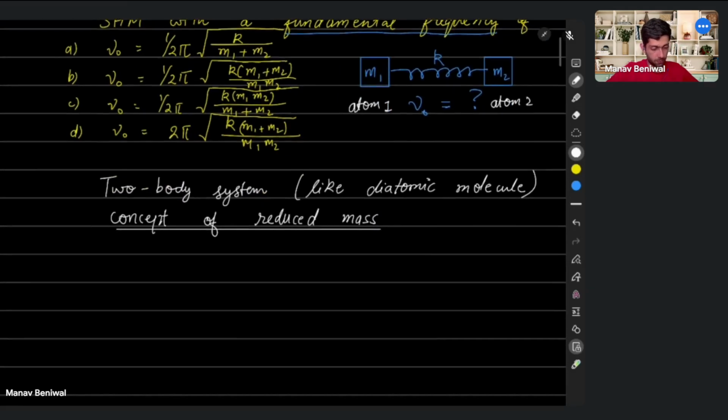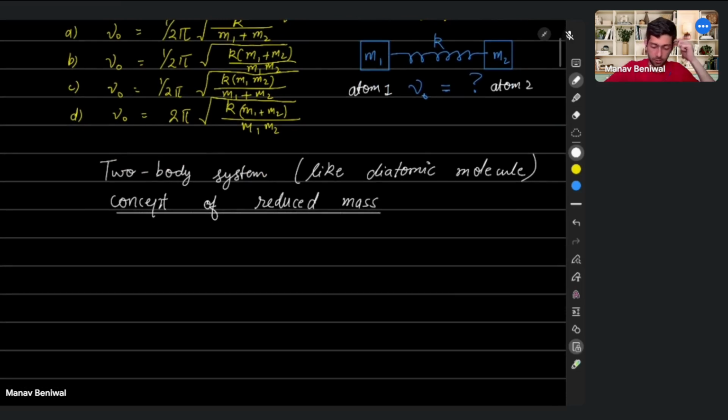So here we are. The reduced mass effectively represents the inertia of the system as if it were a single particle. It converts it to a one body problem.